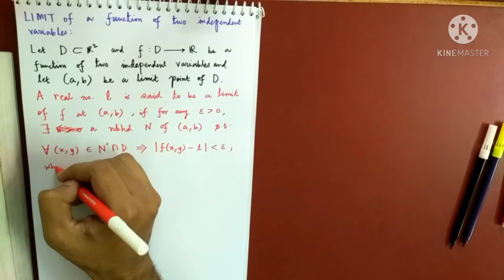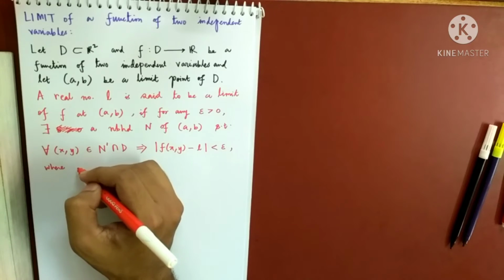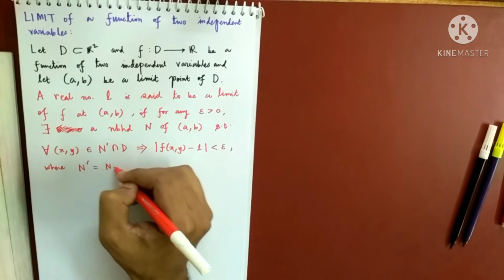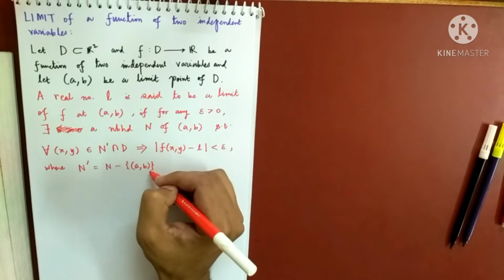Okay, what is this N dash? I'll tell you. Where N dash is N minus the point a comma b, the deleted neighborhood leaving the point a comma b.